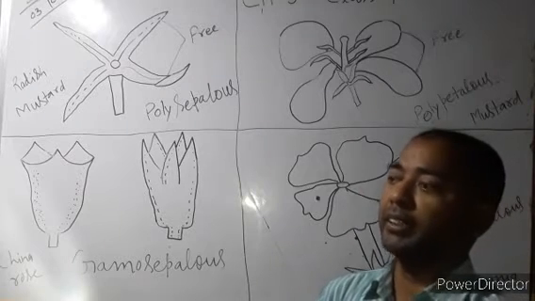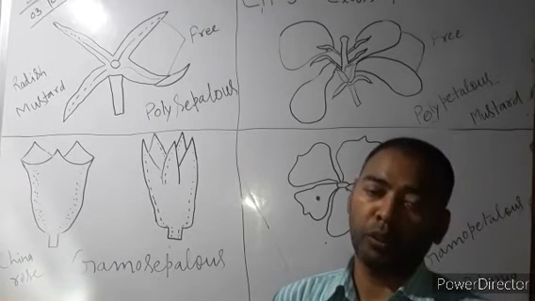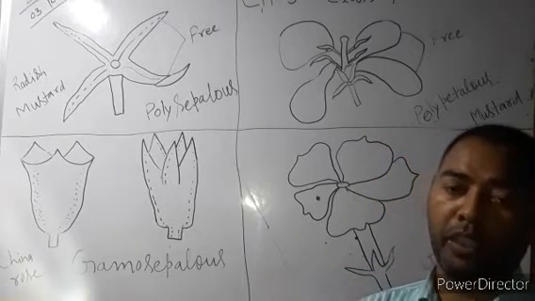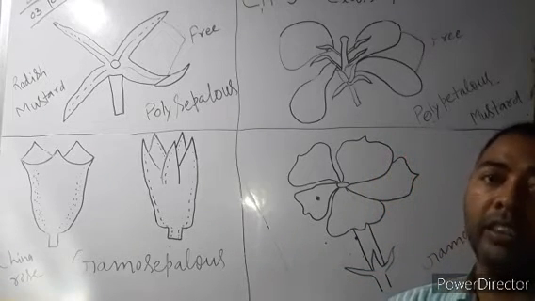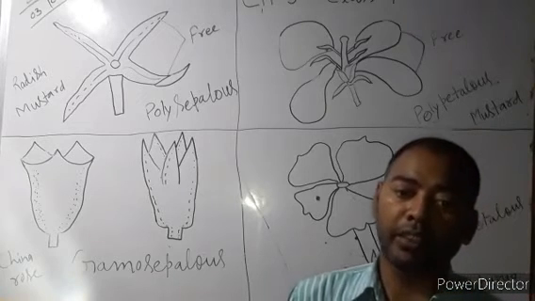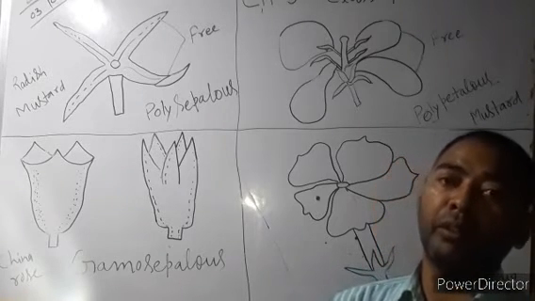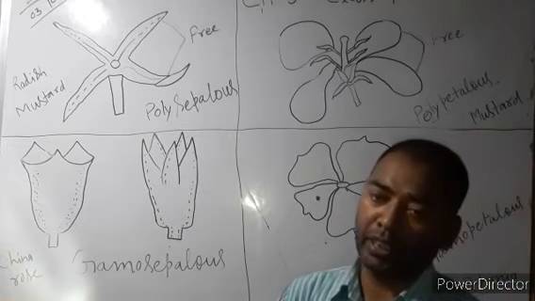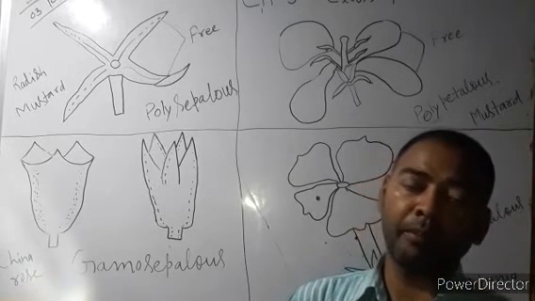And the same in the case of petals, or the corolla. A group of petals is known as corolla. So let us talk about the calyx first of all. What did I tell you about the calyx? It is a greenish part, and 3 to 5 sepals are found in it.